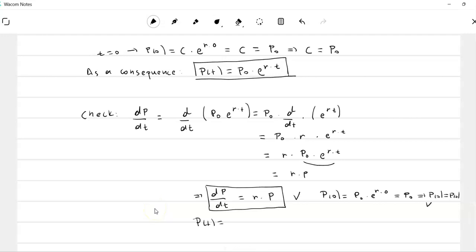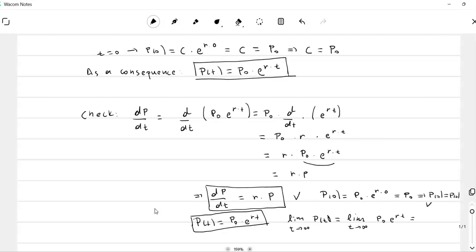So this function is the population depending on time. And of course, this model is problematic because if you take t to go to infinity, then you have the limit of this function.